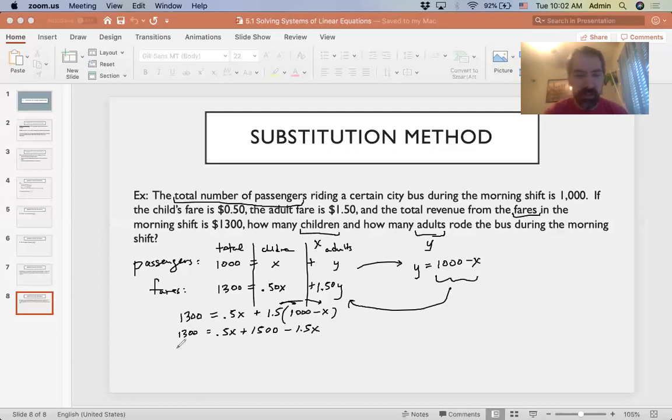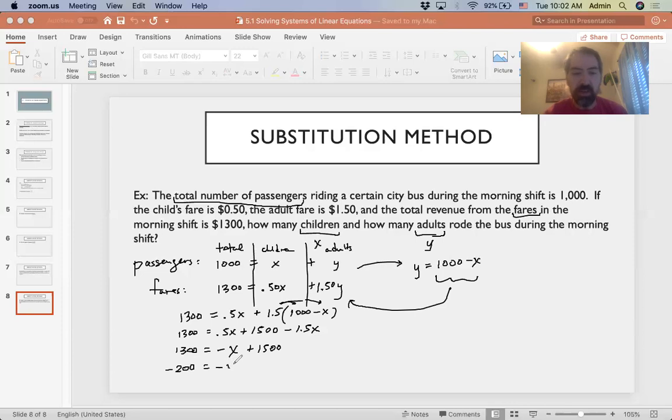Now combining like terms. 0.5X minus 1.5X is negative 1X. So now subtract 1,500 from both sides. 1,300 minus 1,500 is negative 200.